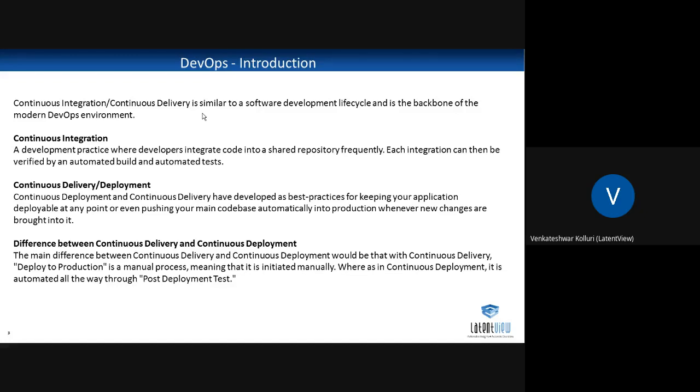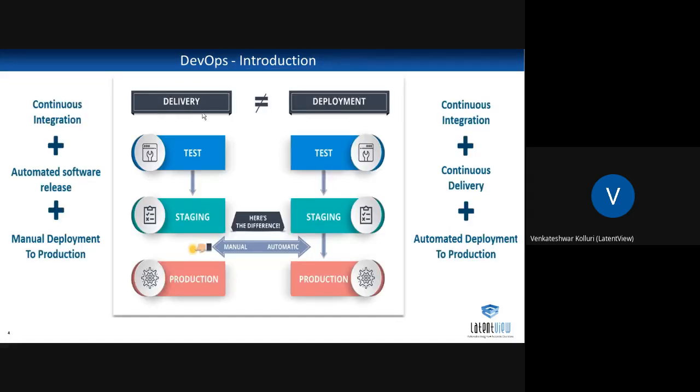There is a slight difference between continuous delivery and continuous deployment. I'll explain with the help of a visual cue. In continuous delivery, we have some set of manual processes in place, like a code review or an approval process.